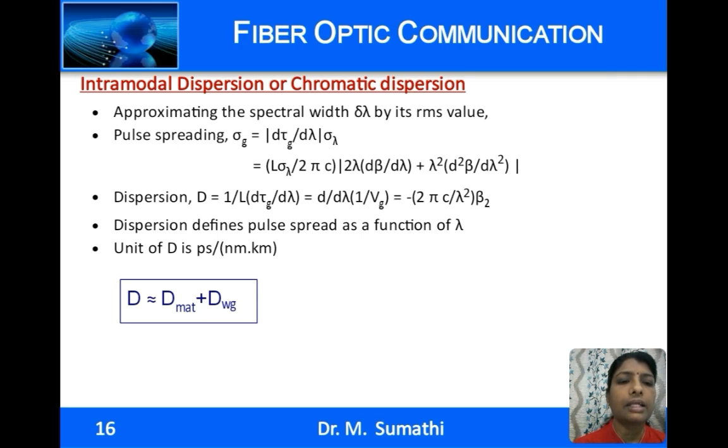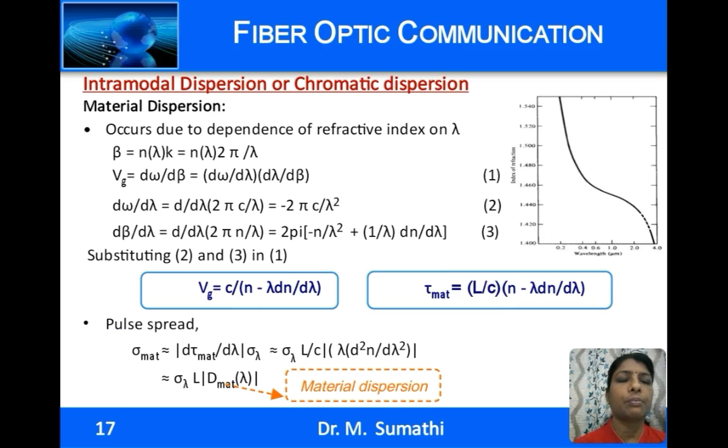And this intramodal dispersion is due to material dispersion and waveguide dispersion, which are both interdependent. But approximating, we can determine the values of material dispersion and waveguide dispersion separately, and the total dispersion can be taken as the summation of the two.